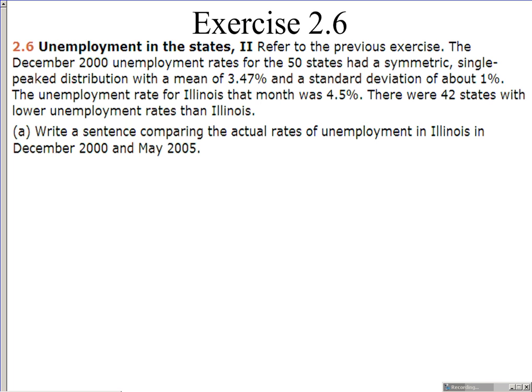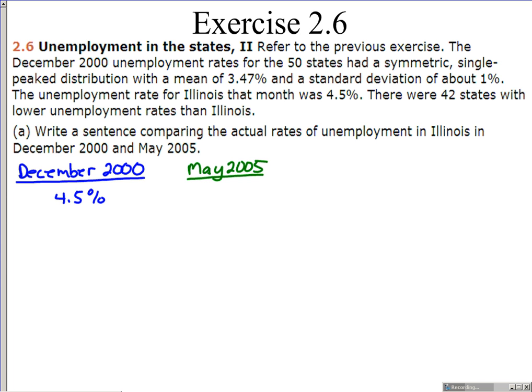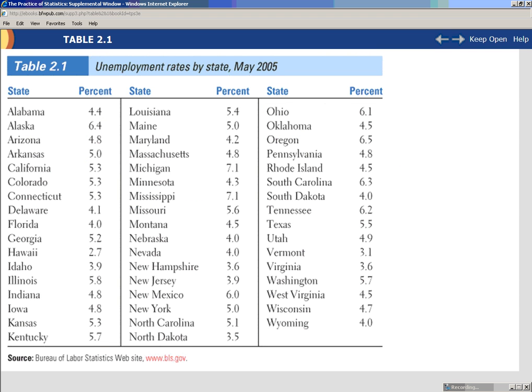So December 2000, the unemployment rate in Illinois was 4.5%. In May of 2005, and that's using this chart here out of the book, we can look at Illinois and see that the unemployment rate was 5.8%.